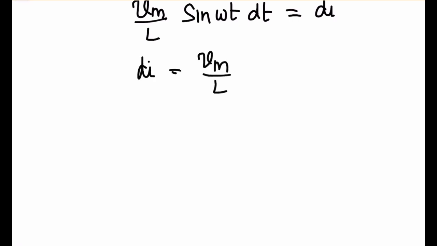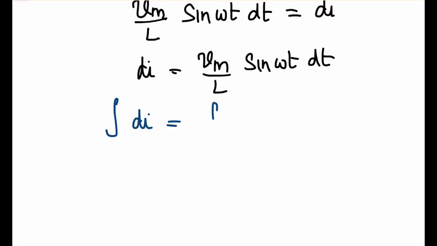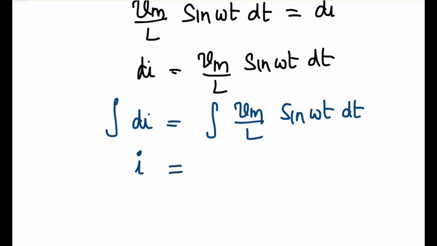Now to find the current, integrate both sides. Integration of di is equal to integration of Vm by L sine omega t dt. Integration of di is I, and Vm and L are constants, so take them out, leaving integration of sine omega t dt.